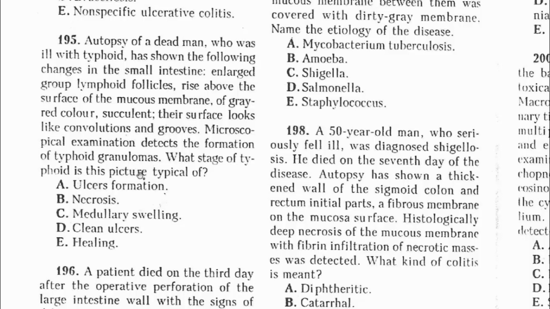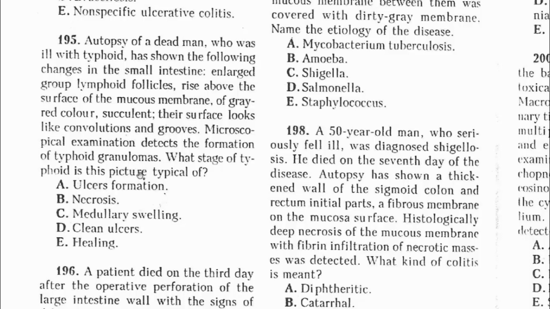Alright. Now, there are 5 stages of typhoid changes. 1. We have what we call the medullary or the medulla swelling. This is characterized by the development of typhoid granuloma. We have necrosis, characterized by the formation of necrosis and ulceration.